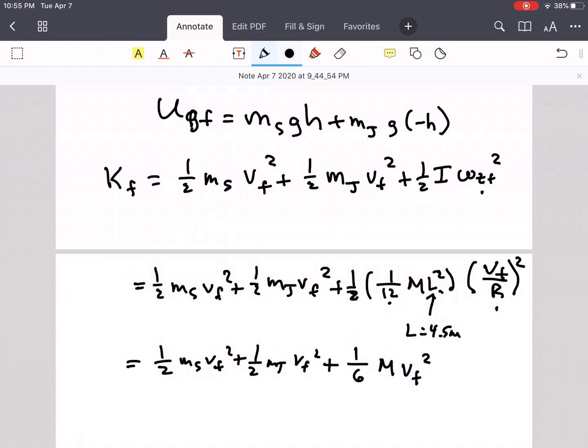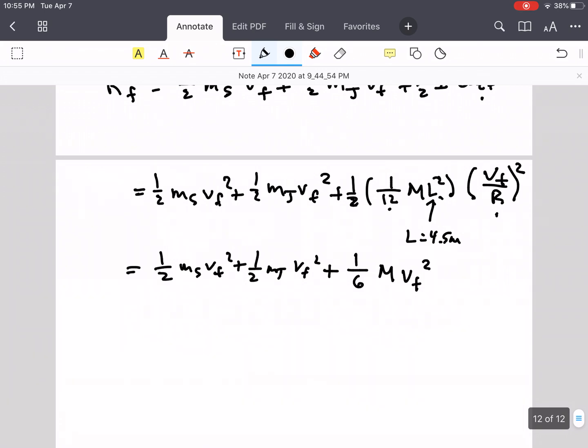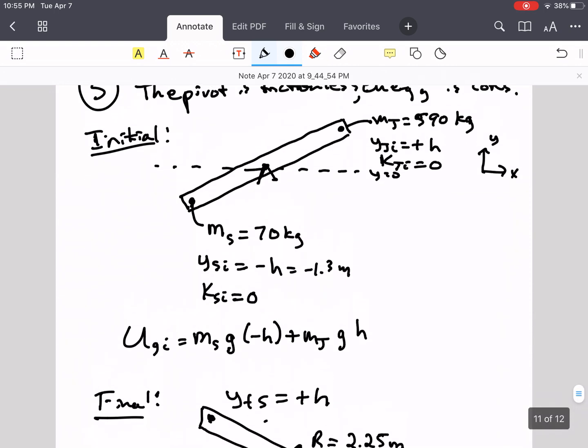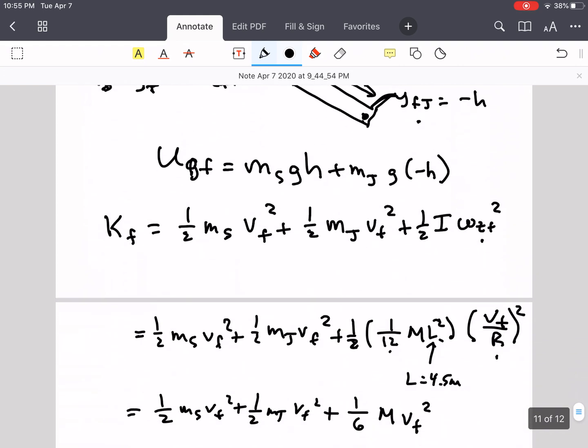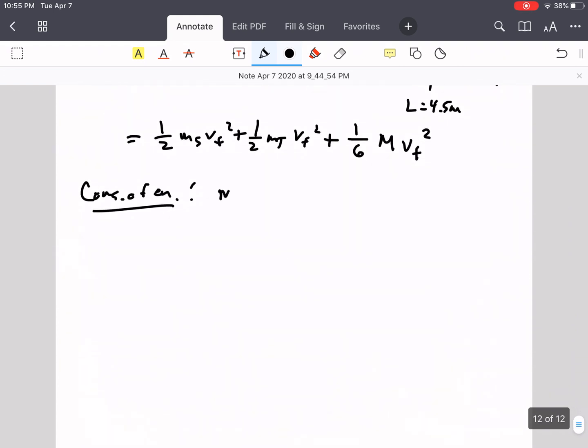Alrighty. So finally, I'm going to use conservation of energy, which is pretty straightforward at this point. My initial energy is gravitational only. So that's mj minus m students times g times h.